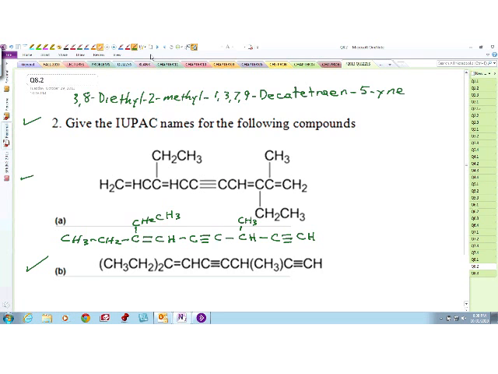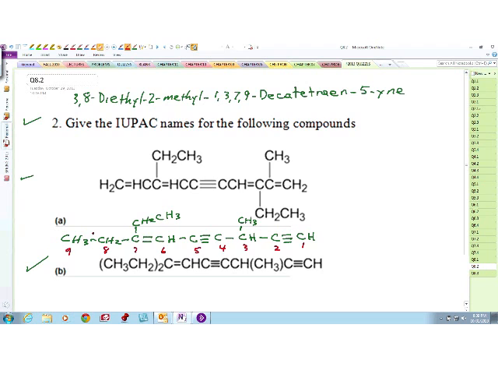That would be the base name. How many carbons? Say 9? That should be 9, right? So we start numbering from what side, right or left? Right, very good. So we say this is 1, 2, 3, 4, 5, 6, 7, 8, and 9.